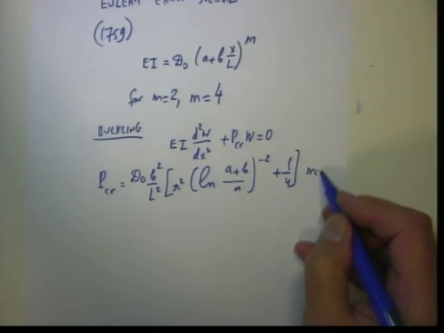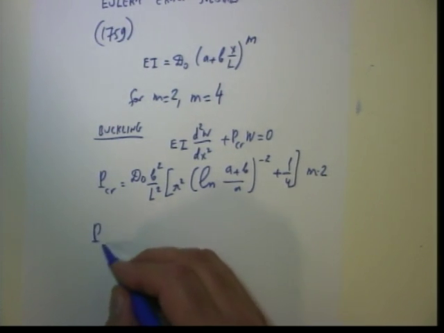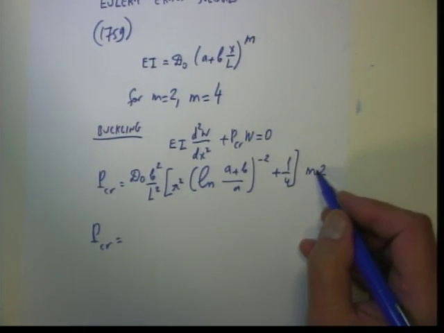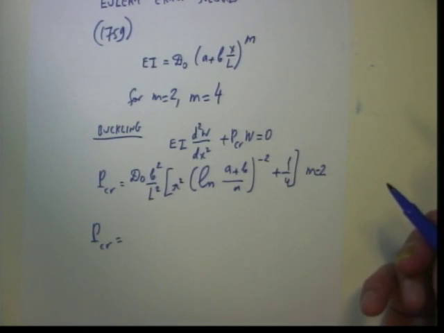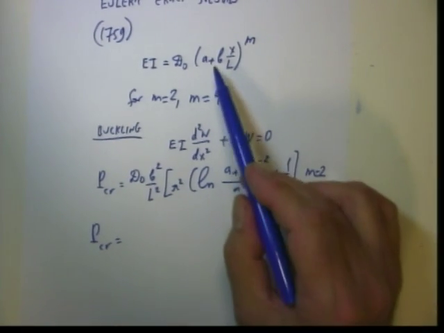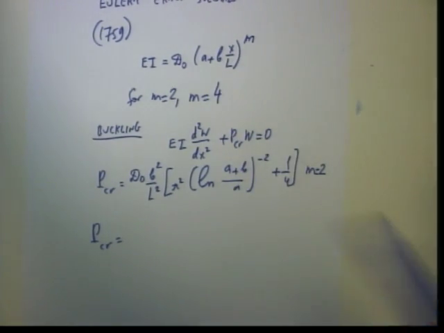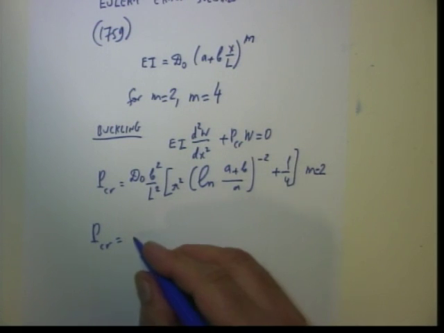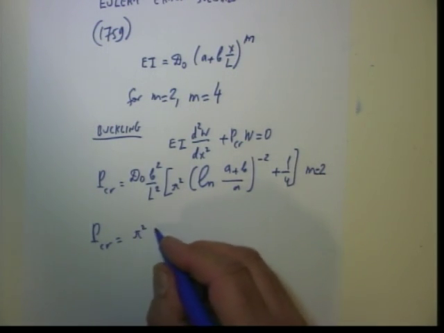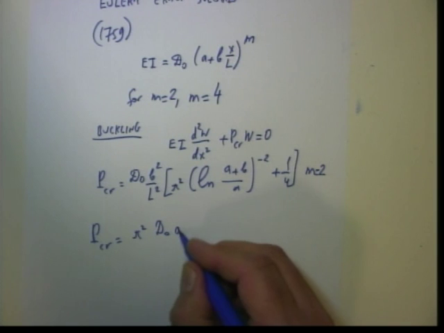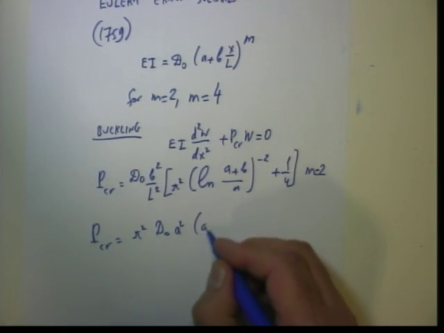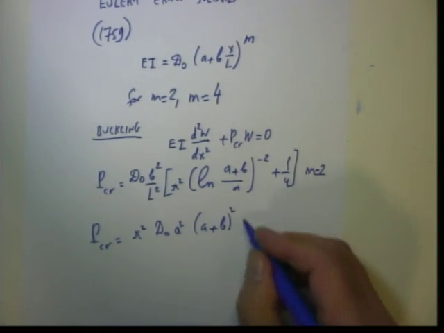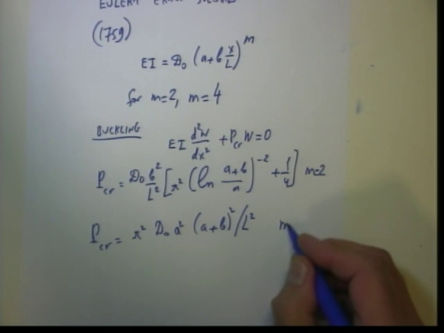That is from m equals 2. So he obtained the exact solution. That is some function, but not any function. P critical here equals pi squared d sub 0 a squared (a plus b) squared over L squared for m equals 4.